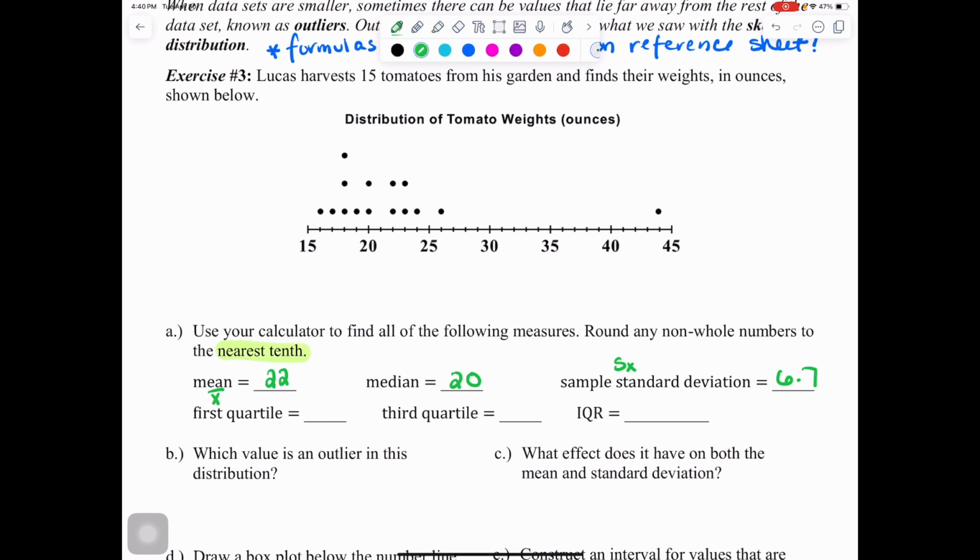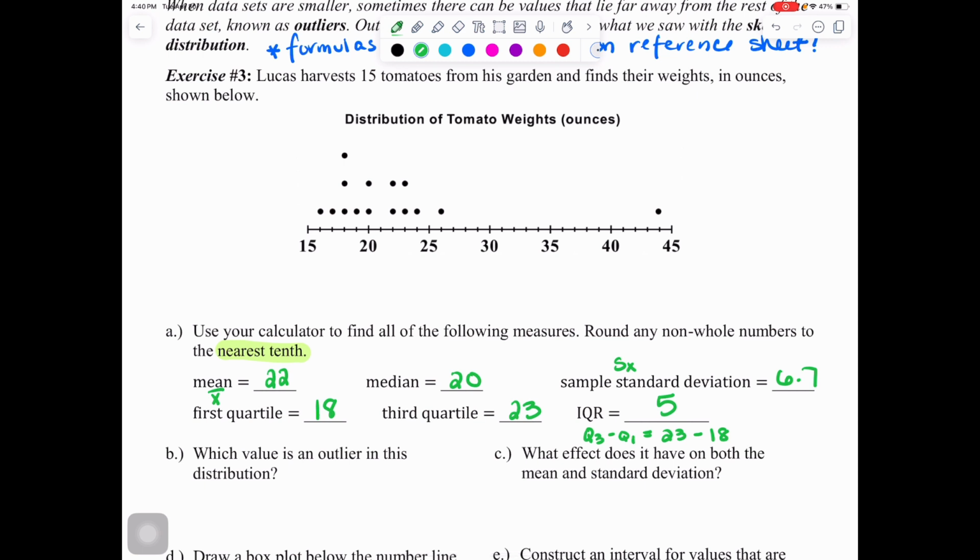So we did that. Then our first quartile was 18. Third was 23. The IQR is not listed there, but remember you get the IQR from doing Q3 minus Q1. So if I do Q3 minus Q1, I'm doing 23 minus 18, and that is equal to 5. So my IQR is 5.